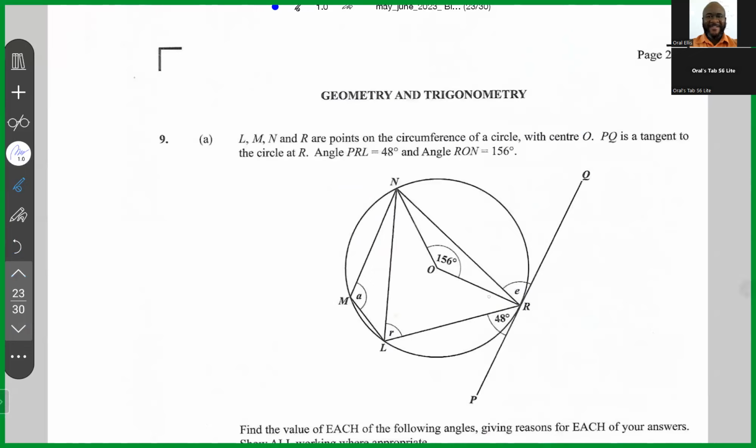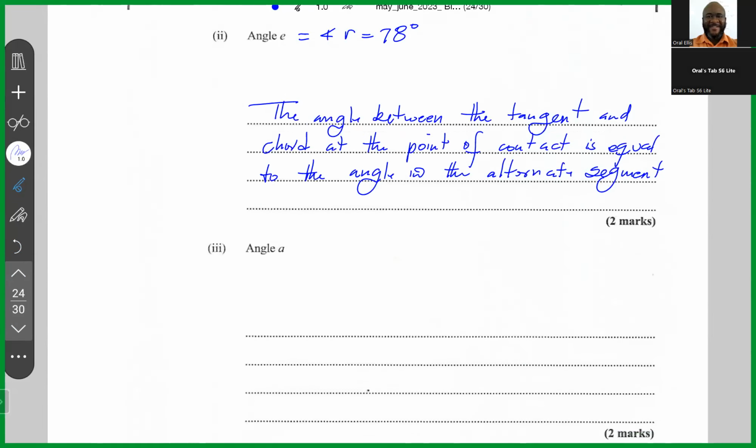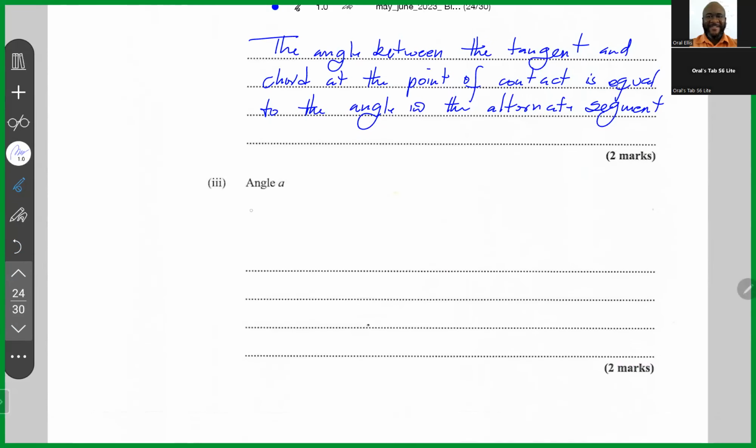I guess I could always find this angle, which is angle NRL. So sometimes it requires a little work.